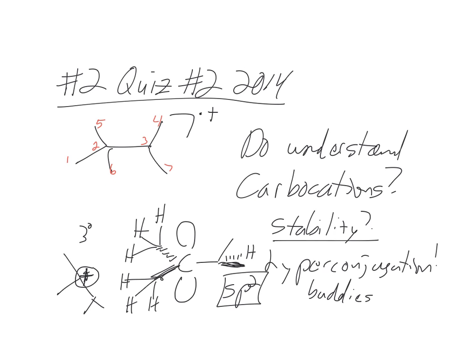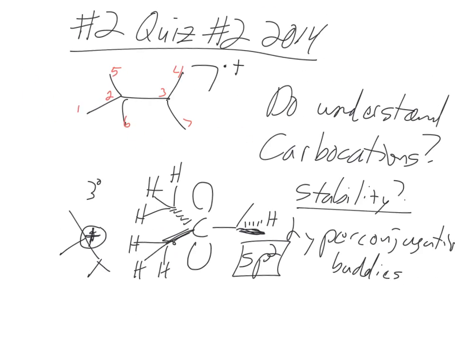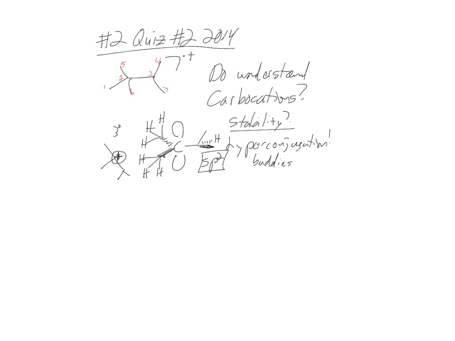So I'll draw 1 out for you guys. I'll shrink it and draw 1. One of the possibilities could be the plus charge here, and then there'd be a CH3 with a dot, and if I number the carbons 1, 2, 6, 3, 4, 7, and then 5, this is a radical.